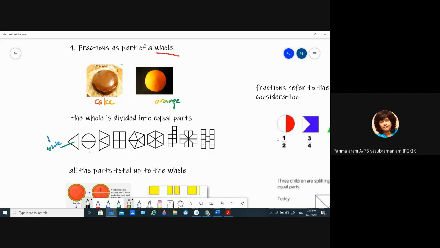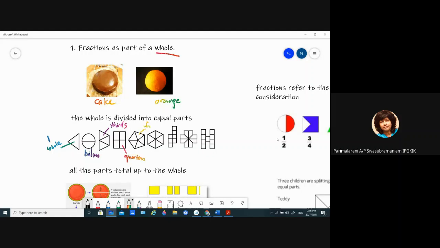The second picture, we have two parts here, so these fractions are known as halves. The third picture is divided into three parts. So what fractions are involved here? Thirds. The fourth diagram here is divided into four equal parts. Therefore, these parts are known as quarters.